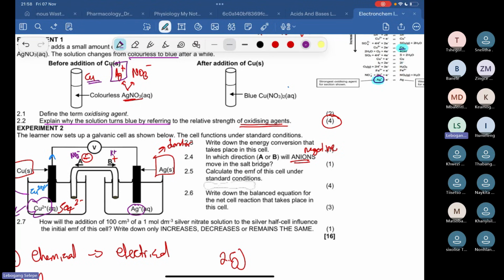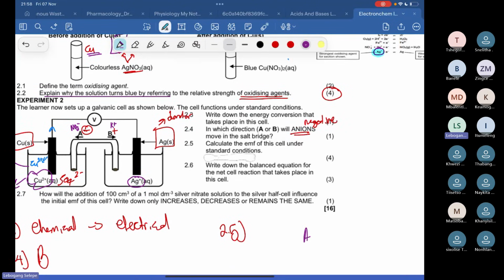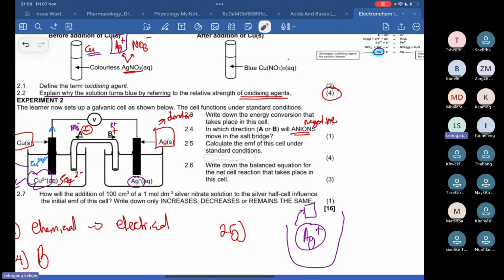When it gains an electron, it becomes Ag, which is solid. Remember, Ag+ is dissolved in the water, but now when it becomes Ag, it goes out of the water and sticks onto the metal there. So basically, we are removing it from the solution.